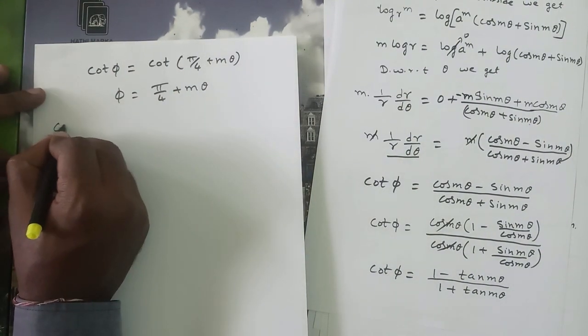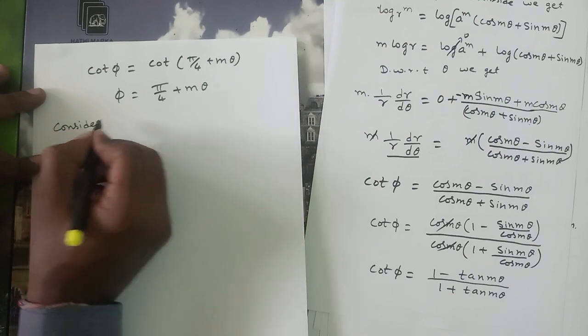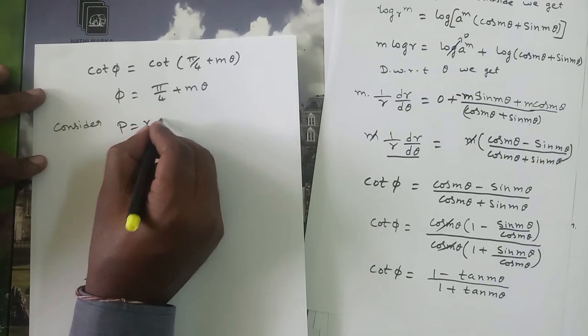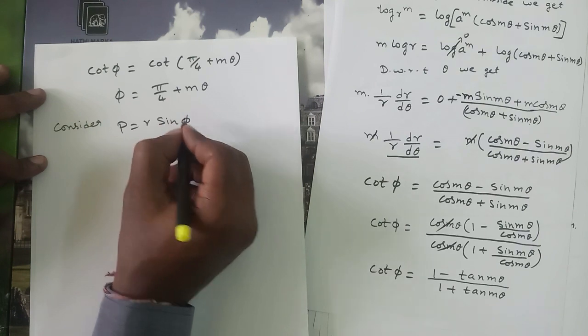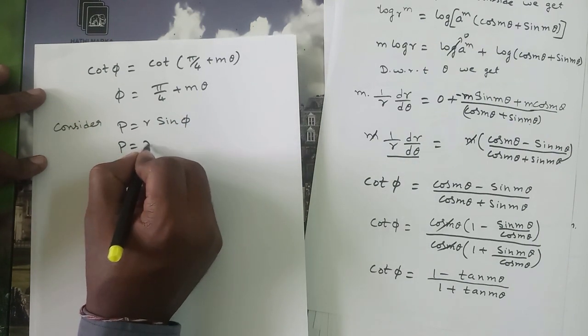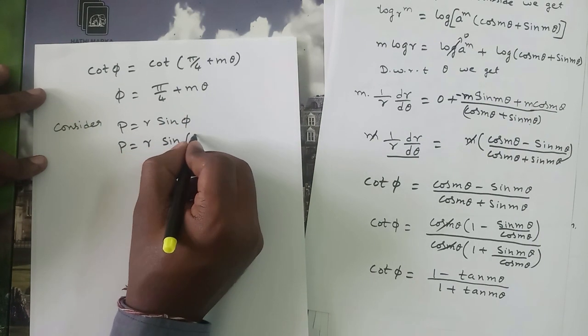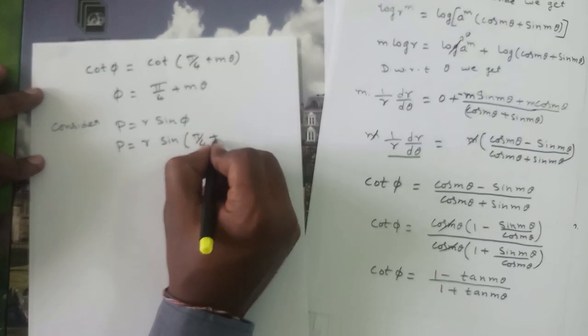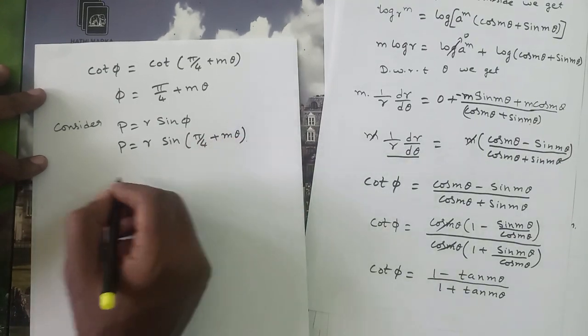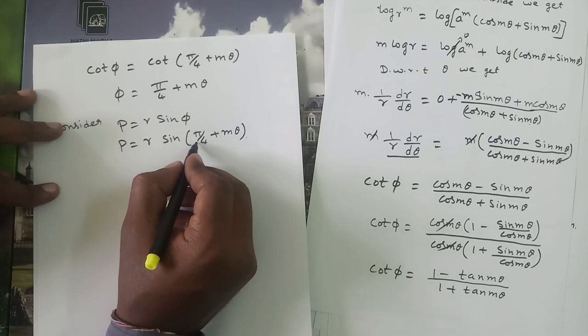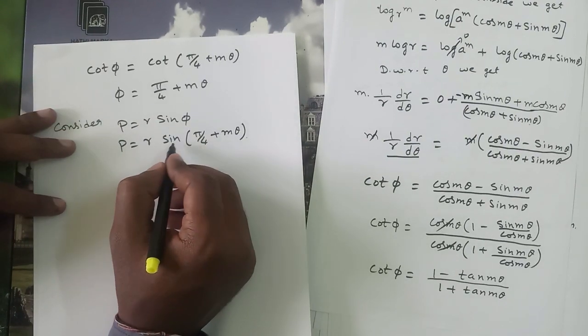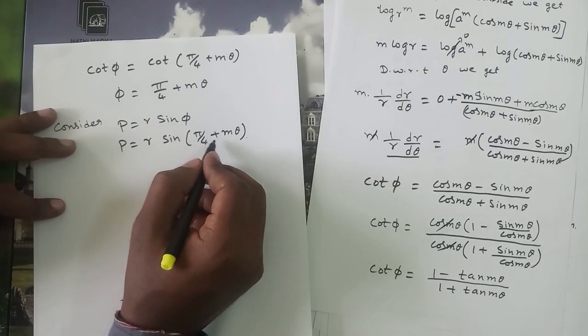Now we consider p is equal to r sin phi. So p is equal to r into sin of pi by 4 plus m theta. So here the sin of A plus B formula you have to apply.